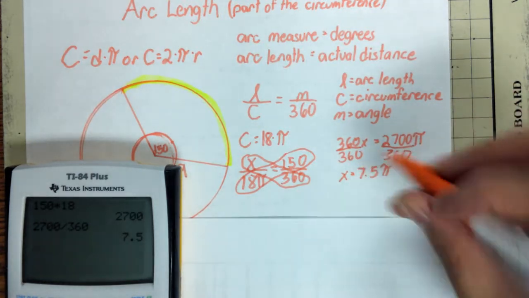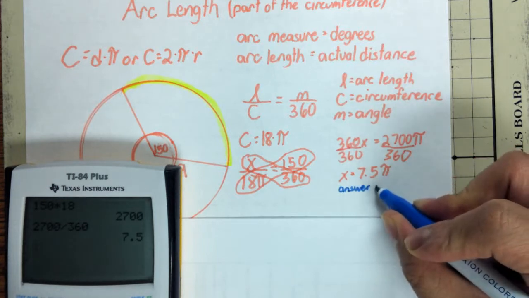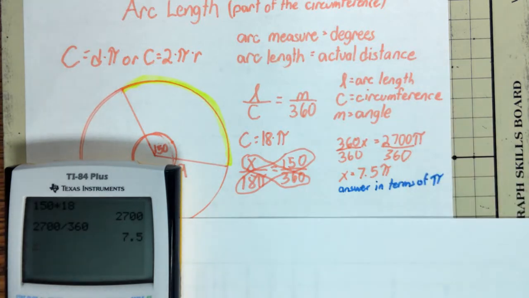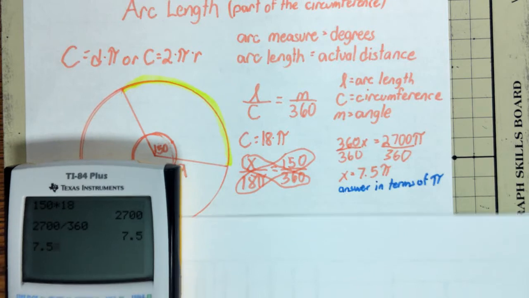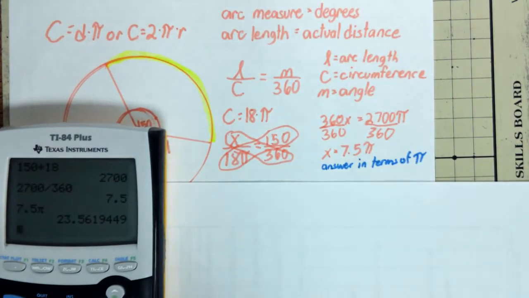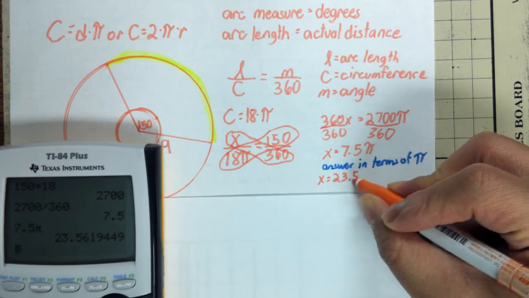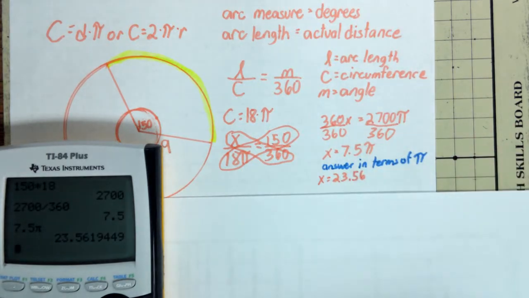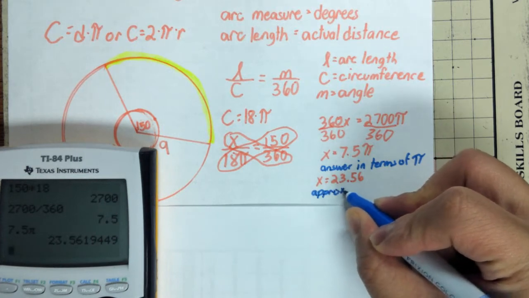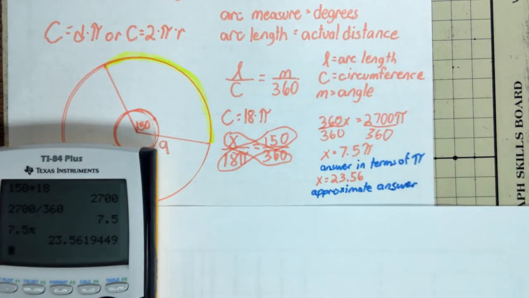So this is what we call answer in terms of pi. If we ask for a decimal answer, then you type that in. 7.5 pi, so we have x equals 23.56, and this is our approximate answer, or a decimal answer.